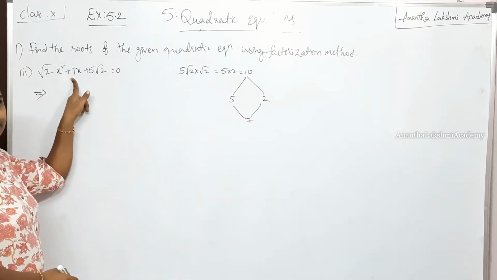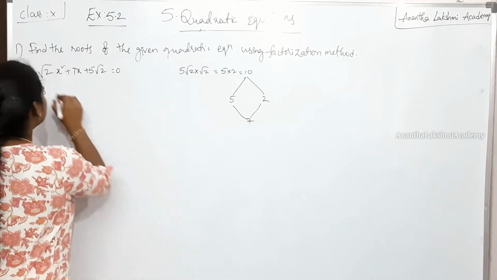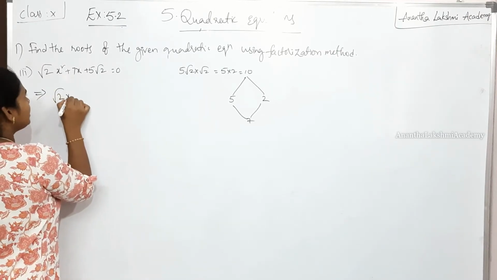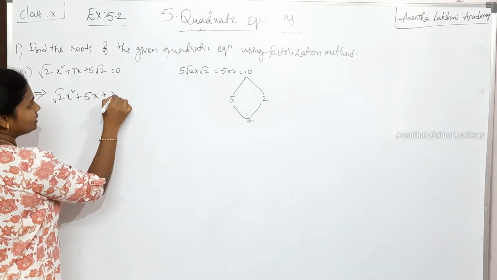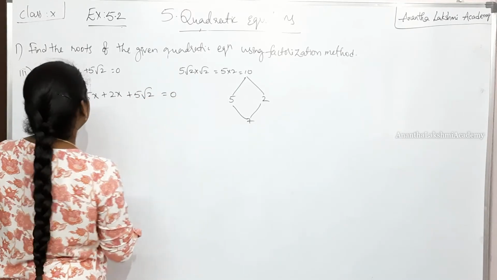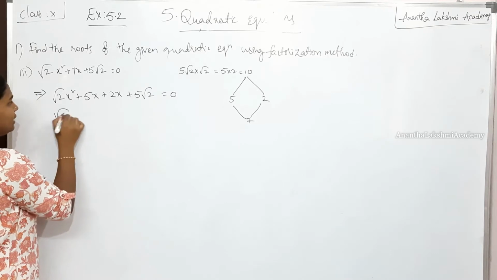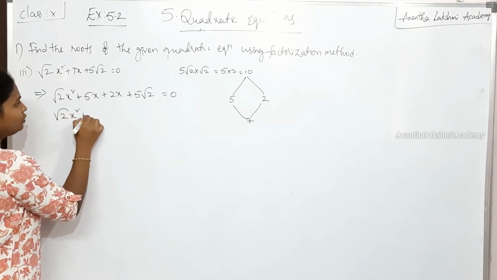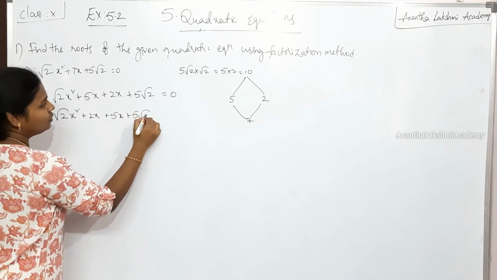That is how we are going to solve by using the factorization method. So I am going to write it as root 2 x square plus 5x plus 2x plus 5 root 2 is equal to 0. So here, okay, let me write it the other way. Root 2 x square plus 2x plus 5x plus 5 root 2 is equal to 0.